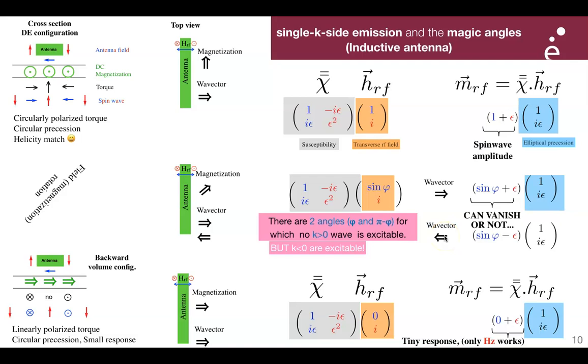So if you do that, you've successfully only excited K positive spin waves in this configuration. And this is important because it means that by playing on the helicity mismatch, you can go to a situation of perfect helicity mismatch where you do not excite one side of the wave vectors.